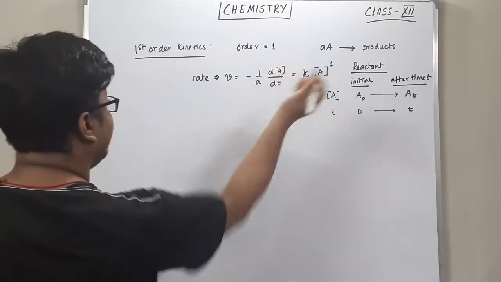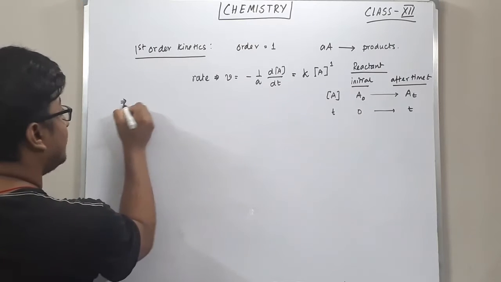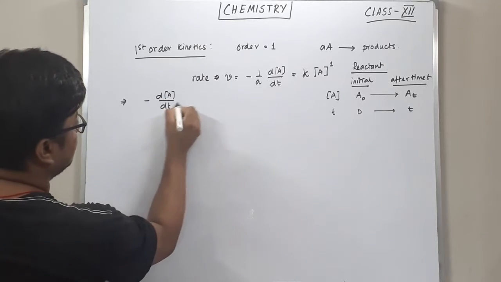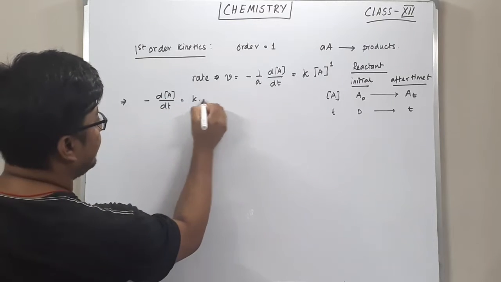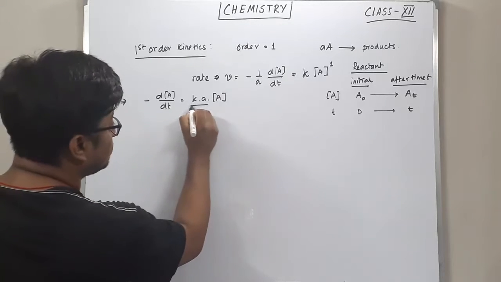Before doing that, minus dA by dt is equal to k into the concentration of A. Now k is a constant.